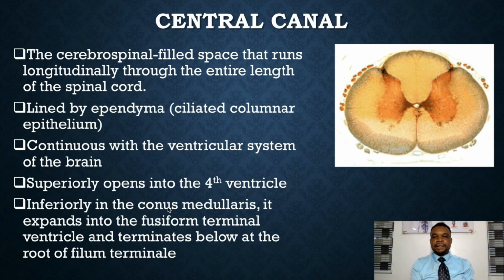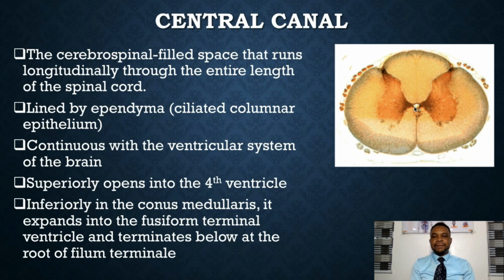Now the central canal is centrally located here, as you can see from the diagram. That is where the cerebrospinal fluid continues to flow from the brain through to the spinal cord. The cerebrospinal fluid space that runs longitudinally through the entire length of the spinal cord is called the central canal.